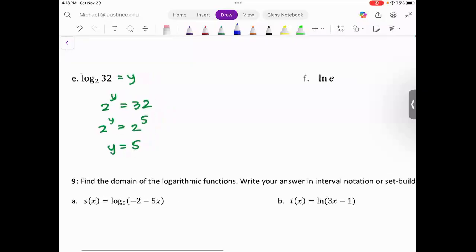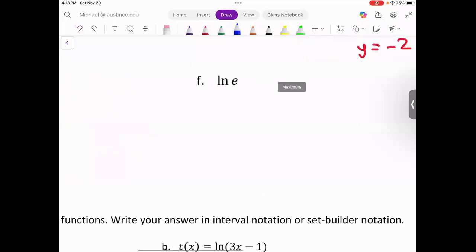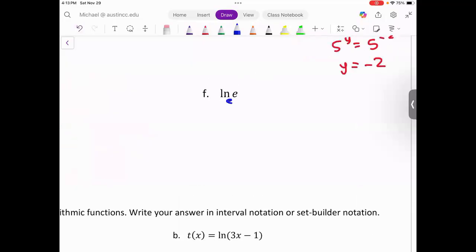Right. And last one of these, natural log of e. This was one of the properties that we talked about in one of those sections. We know that natural log has a little hidden base of e there.